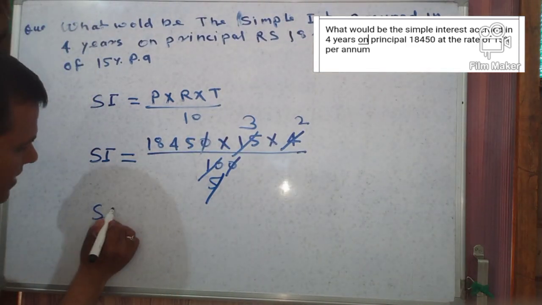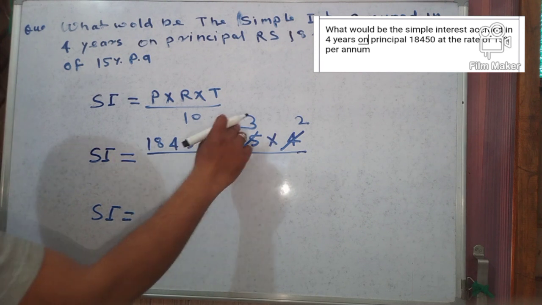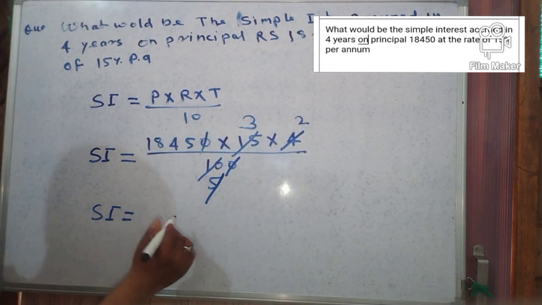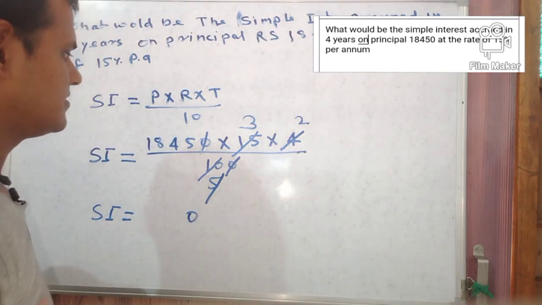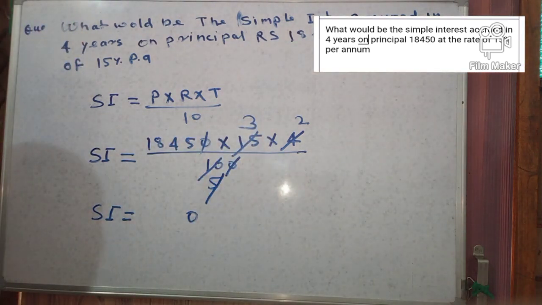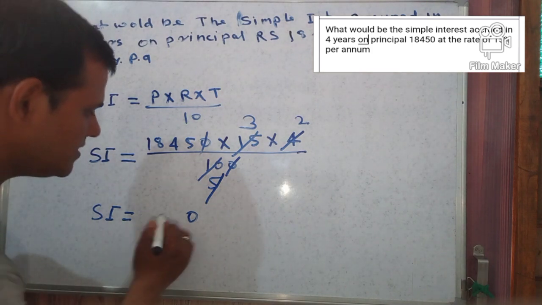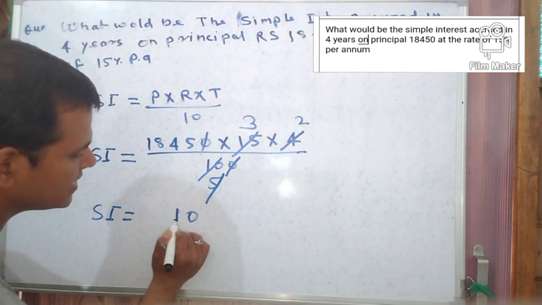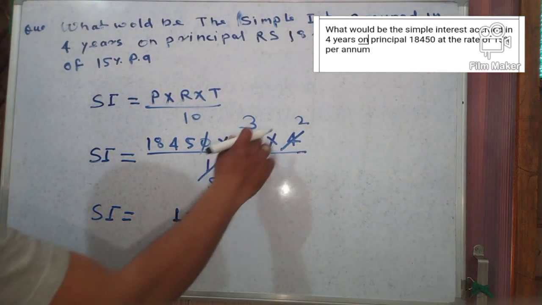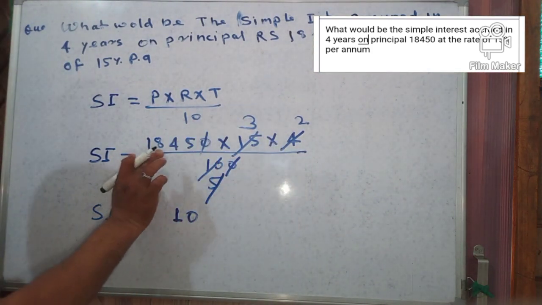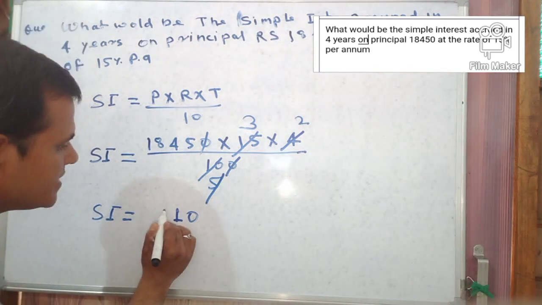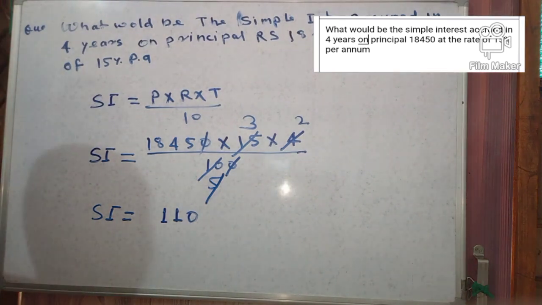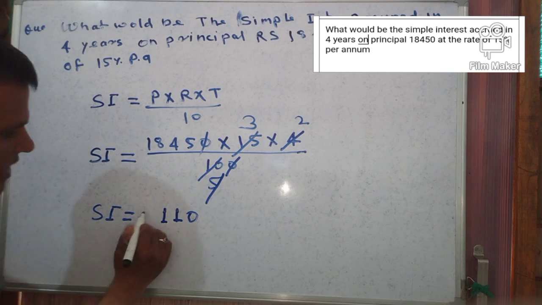So simple interest is 3 2s are 6, 6 5s are 30, remainder 3, and 6 4s are 24, 24 plus 3 will be 27... 31. So 1 is here. 6, 8 6s are 48, 48 and 3 will be 51. Okay. 6 1s are 6 and 5 will be 11.